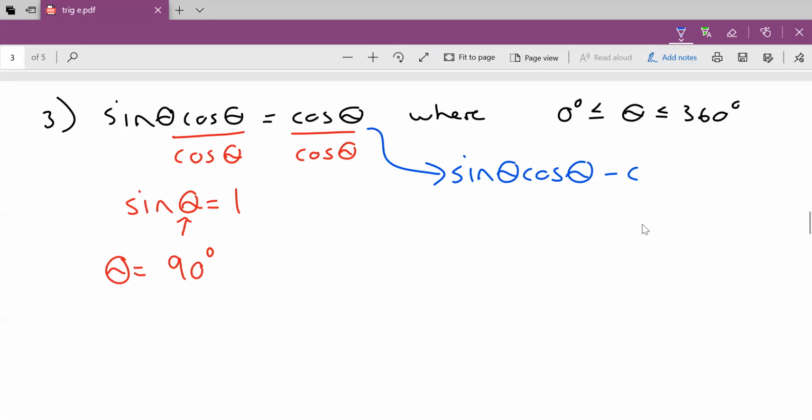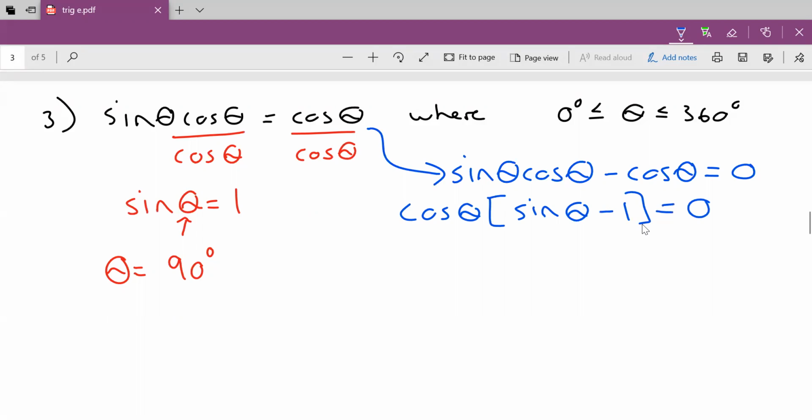What I'm going to do on this one is bring everything to one side. And now I'm going to factor a cos theta out. When in doubt, I like to factor. We've been saying that all semester. Now let's solve this thing.